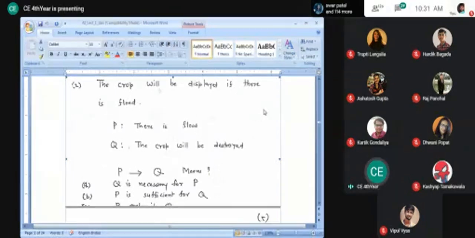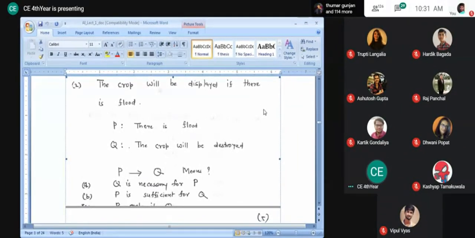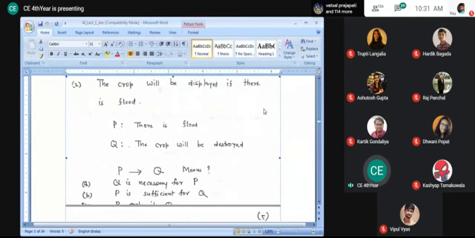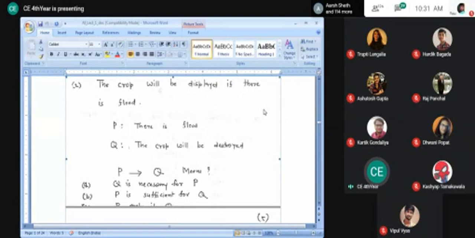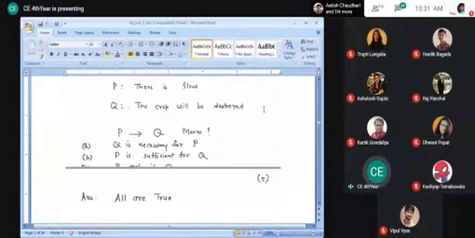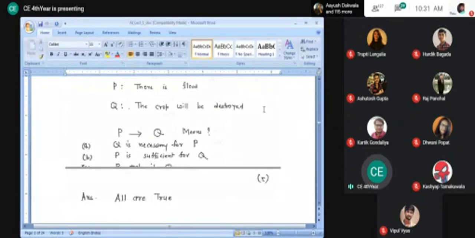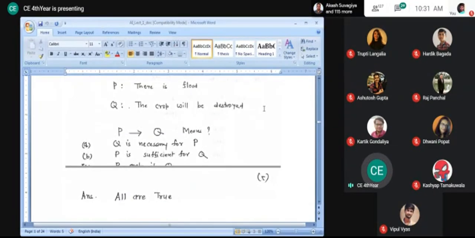For P to be true, Q has to be true. And in fact, option A, Q is necessary for P, is correct in the context of the definition of modus tollens. Q becomes necessary because if Q becomes false, our conclusion is P is false. So for making P true, I have to make Q true. Option number A is also correct.